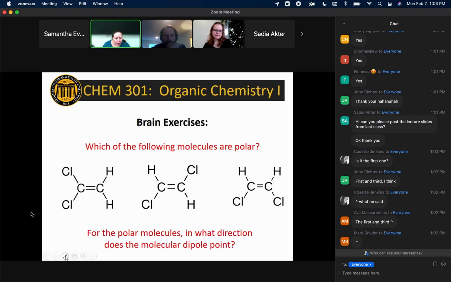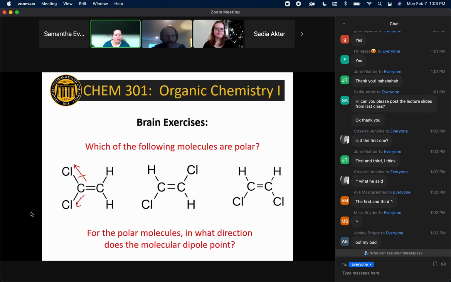So if we draw in some of those dipoles, I'm only going to draw in the super important ones, which are the carbon-chlorine ones. Then we can see on this molecule on the left, these dipoles are both pointed towards the left, right? There's one pointed up and one pointed down, but those will cancel out in the up and down direction. And so the overall dipole of this molecule is going to go in that direction.